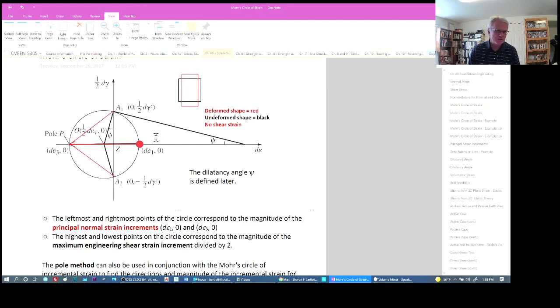The important part is that this angle and this angle would be a right angle, coming through the point of tangency down to here. So that would give you psi, which is the dilation angle, which we'll describe in just a minute.